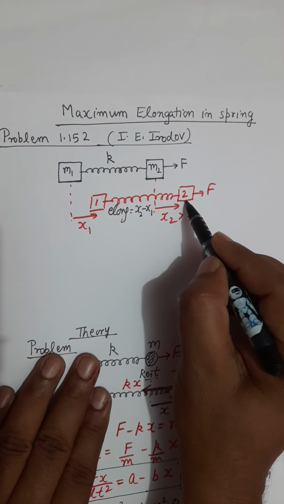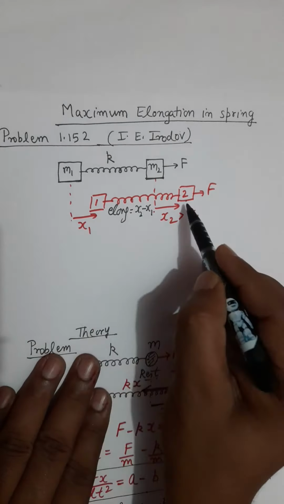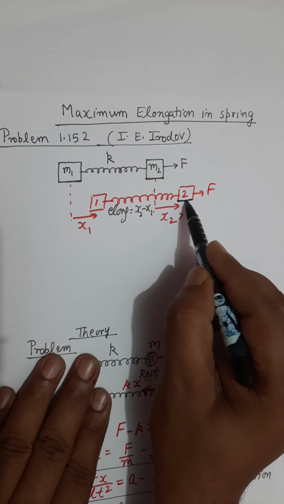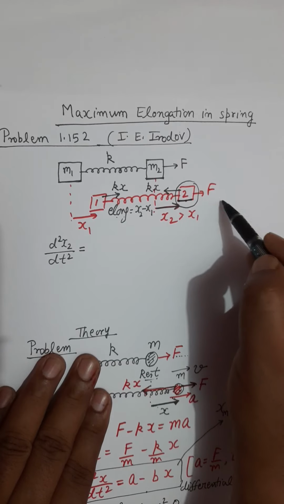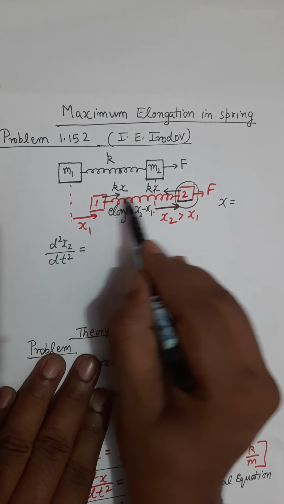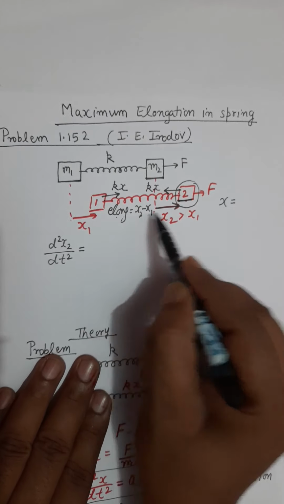Now the acceleration of the second mass will be the double derivative of its displacement, and according to Newton's law, it is the total force on this mass. Notice that when the spring is elongated, there will be a force in the left direction on it, which is kx. The force on block 1 will be on the right side, kx, where x is the deformation, and the deformation in this spring is nothing but x2 minus x1.